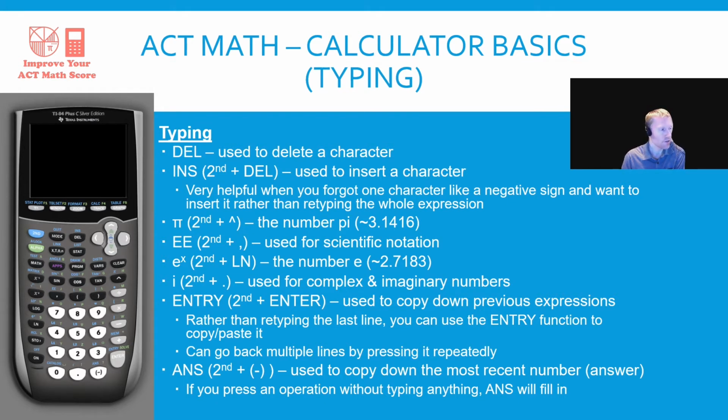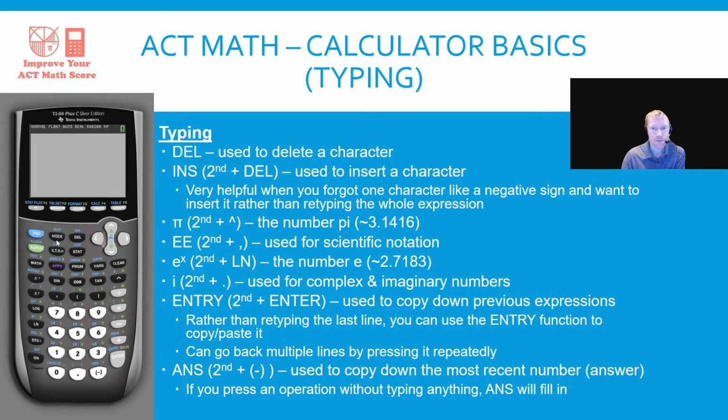Another thing to be aware of is that if you type an operation without typing any other numbers first, it'll automatically fill in ANS, or answer, from the last line for you. Just to show you what I mean, let's say I'm going to do 9 divided by 2 plus 3, minus 4.